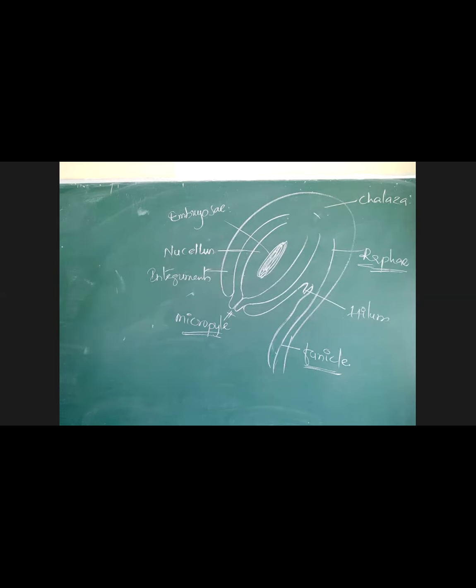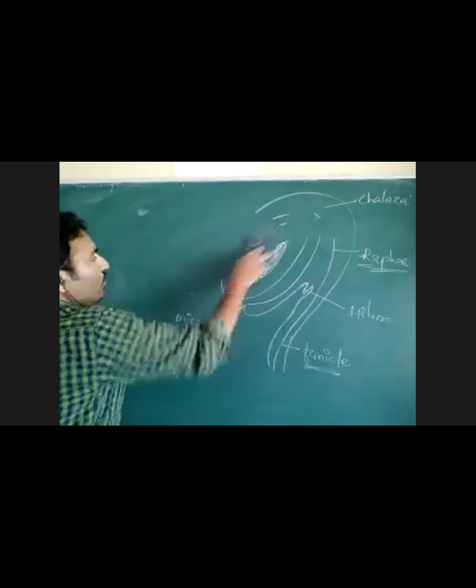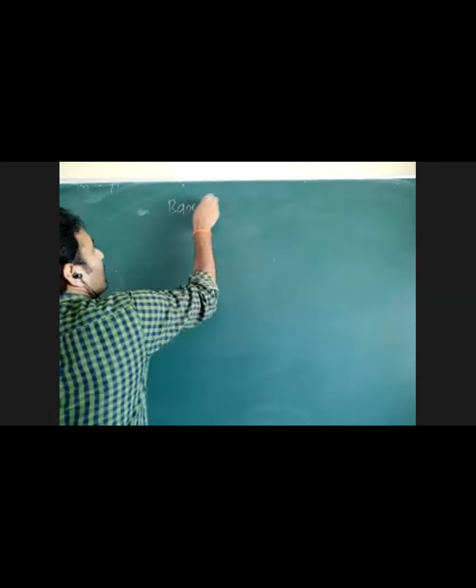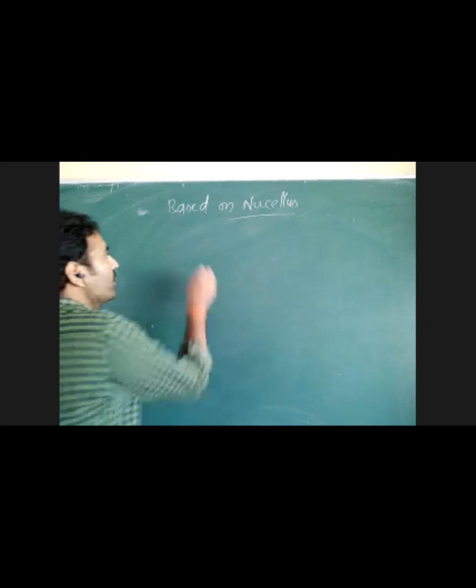Okay, right. This is the structure of the ovule. Then see the types of ovules. First one, based on the nucellus. Based on the nucellus, ovules are divided into two types.